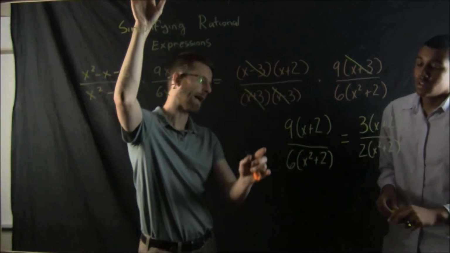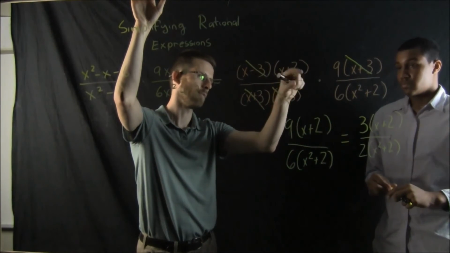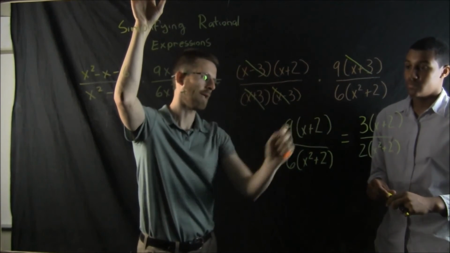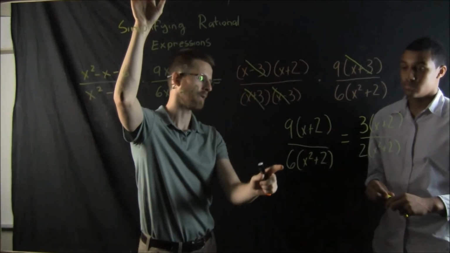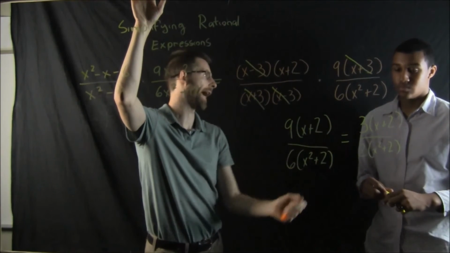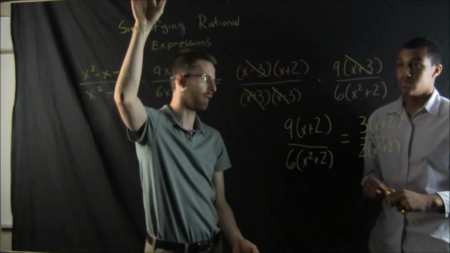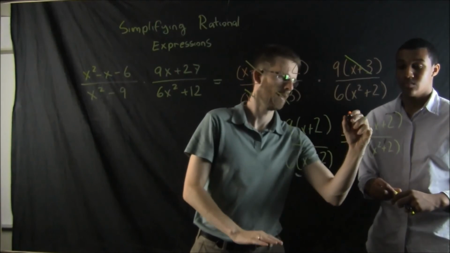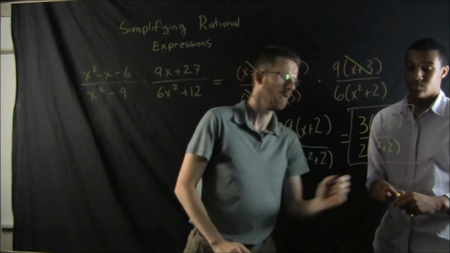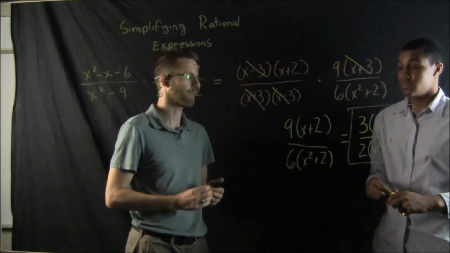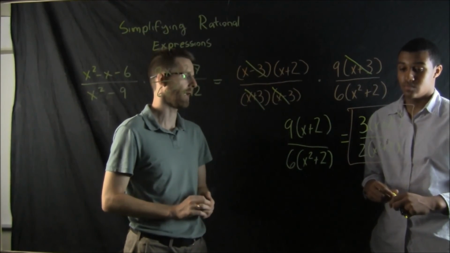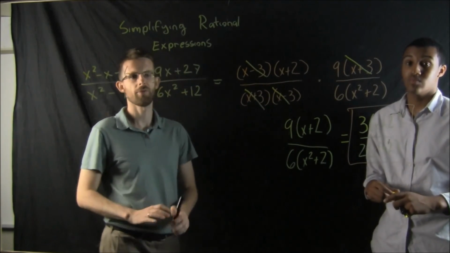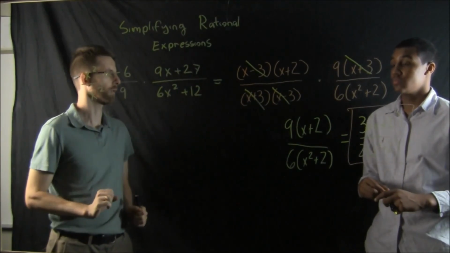So once I simplified all the expressions minus the coefficients, the 9 and the 6 you said simplifies to 3 halves because I can take a 3 out of both of those. And this is it. There's nothing else I can do with that, which means that 3 quantity x plus 2 divided by 2 quantity x squared plus 2 is the simplified version of this multiplication problem.